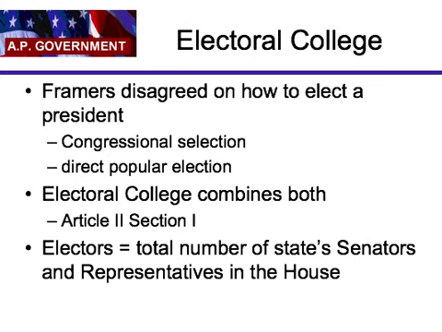Another compromise they were looking at was the Electoral College. The framers did not like the idea of having a popularly elected executive branch official. So they have a congressional selection and a direct popular election.